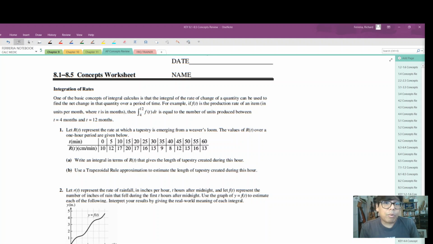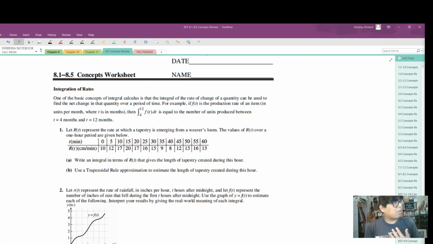So basically the units of time cancel, provided that those units of time match with the rate. That gives us a change in the other part of the unit, the part being accumulated.